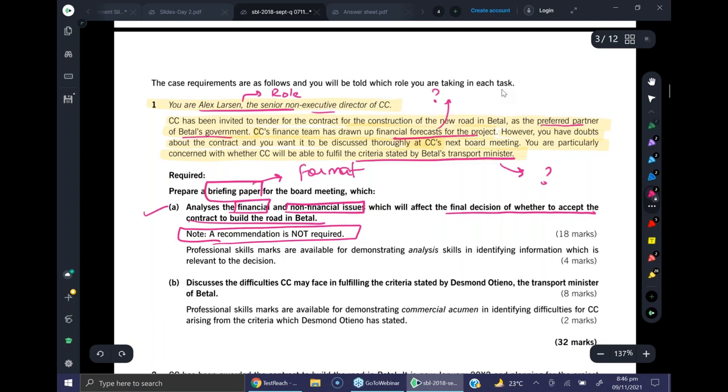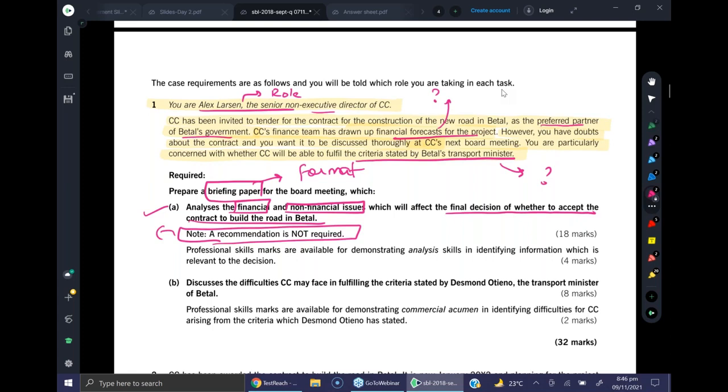So please note, when the examiner says recommendation not required, you do not give the recommendation, otherwise you're going against the requirement. So stick to the requirement. So I think this requirement is pretty clear cut. Financial and non-financial factors needs to be discussed, but we'll have to keep the balance. Not too many financials, not too many non-financials, balanced.